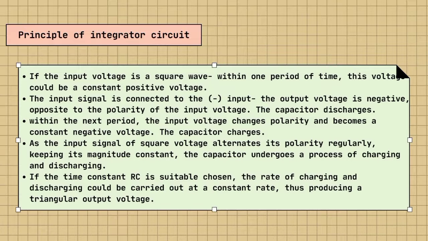During this period, the capacitor will charge. As the square wave input signal alternates its polarity regularly, keeping its magnitude constant, the capacitor undergoes a process of charging and discharging. If the time constant RC is suitably chosen, the charging or discharging could be carried out at a constant rate, thus producing a triangular output voltage.